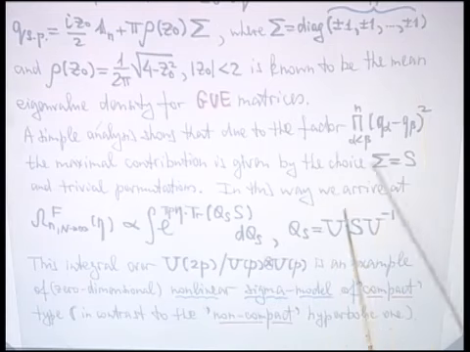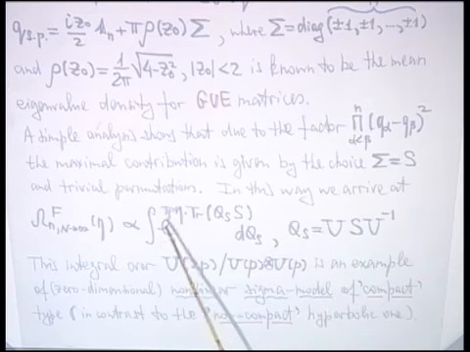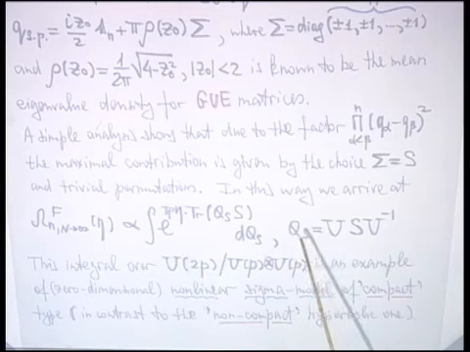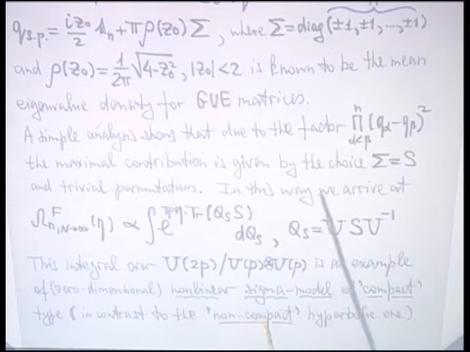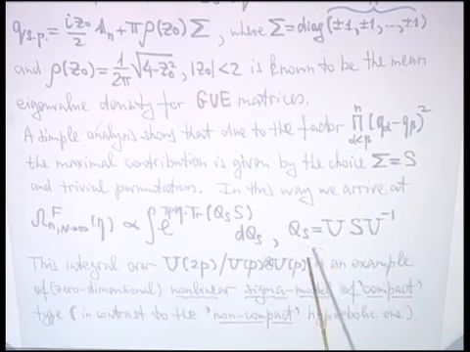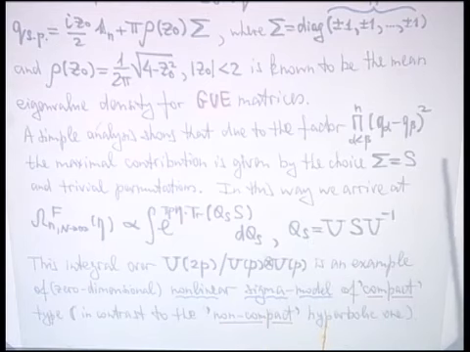What is the similarity? The similarity is that this integral looks superficially very similar. Integration goes over matrices QS, which are obtained by unitary rotations of the matrix S. But there is a difference: here we have unitary rotations, and yesterday we had pseudo-unitary rotations. On a formal level, this is the only difference.